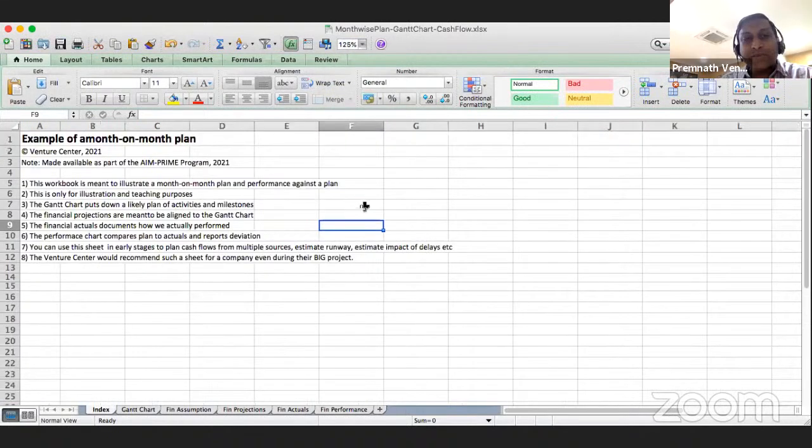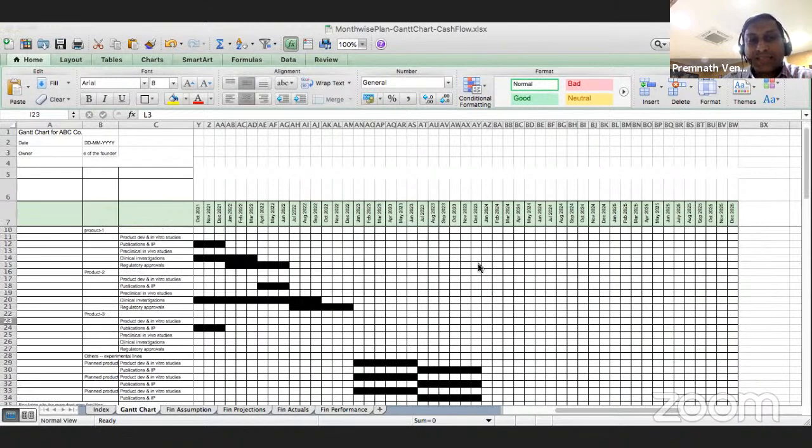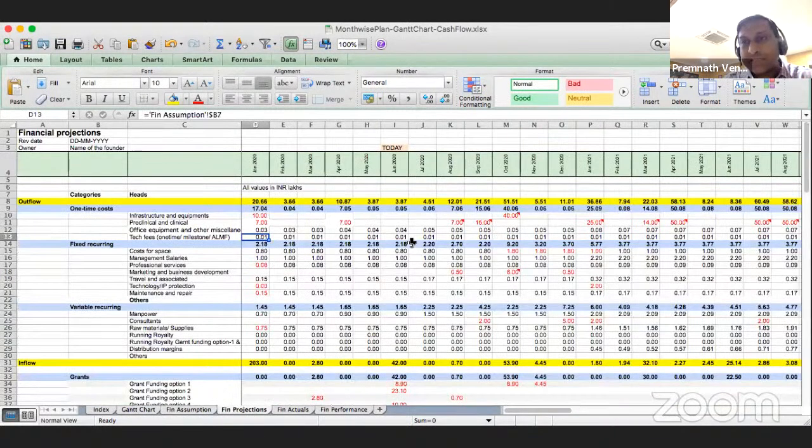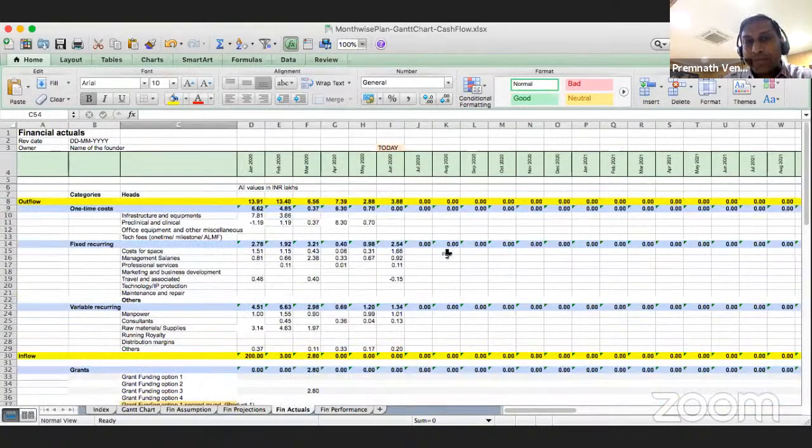Okay, good. So everybody, please remember that Ravi showed you a Gantt chart. So you can do a Gantt chart of this kind, and then based on this, you can do your financial projections, month on month. If you're doing a big project, all these kinds of things are very helpful. It allows you to estimate some of your costs, and then you can track your actuals of how you're spending money month on month against your projections.